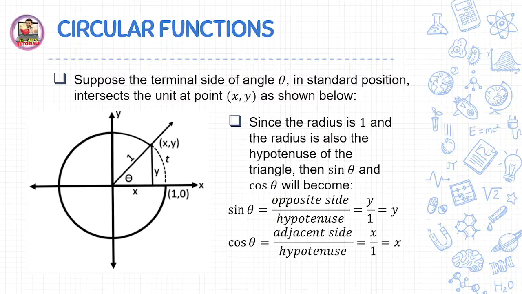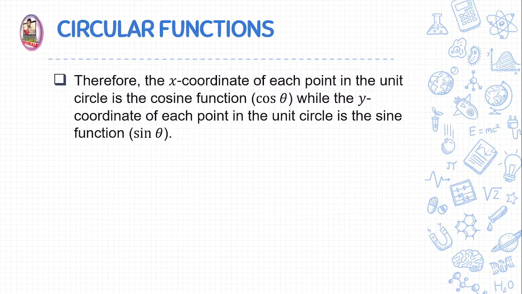Cosine theta is equivalent to the adjacent side all over the hypotenuse. The adjacent side is x and the hypotenuse is 1, so x divided by 1 is equivalent to x. Therefore, the x coordinate of each point in the unit circle is the cosine function, while the y coordinate of each point in the unit circle is the sine function.